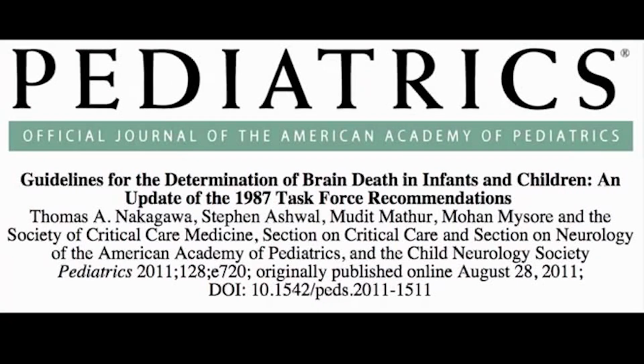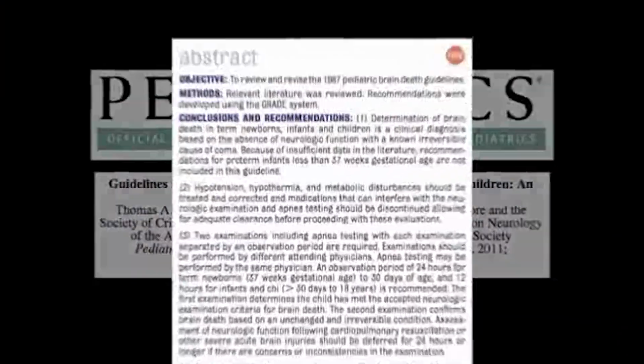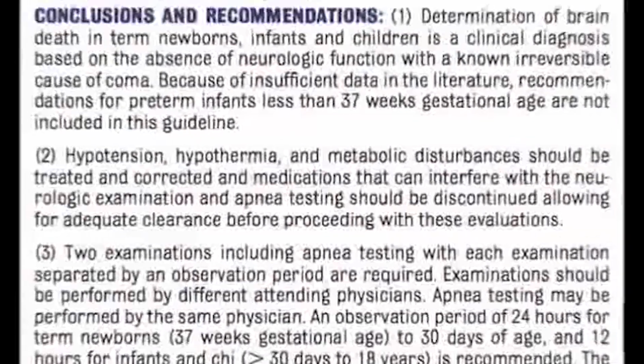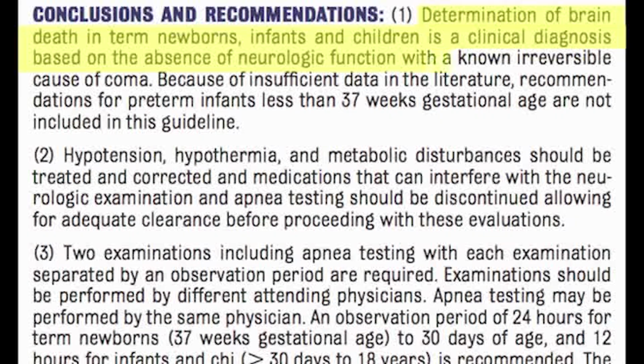For more information, please see Guidelines for the Determination of Brain Death in Infants and Children, an update of the 1987 Task Force recommendations. Of note, some of the key elements discussed in this video are: determination of brain death in term newborns, infants, and children is a clinical diagnosis based on the absence of neurologic function, with a known irreversible cause of coma.